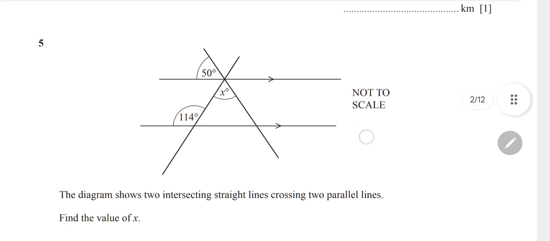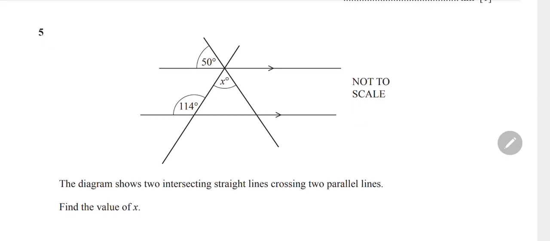In the next question, the diagram shows two intersecting straight lines crossing two parallel lines. Find the value of x. For x we have this angle of 114 and this angle of 50. These two lines are parallel. When these lines are parallel, we can find the value of this one by using the interior angle property.